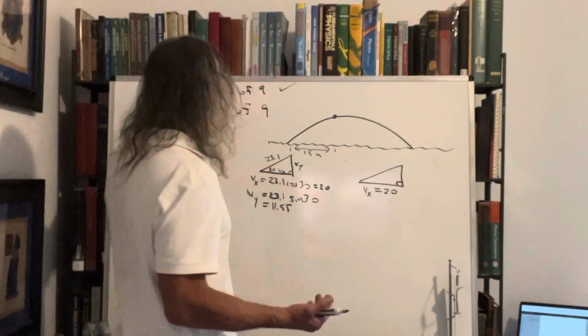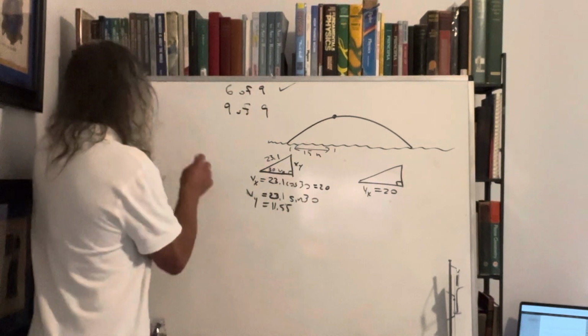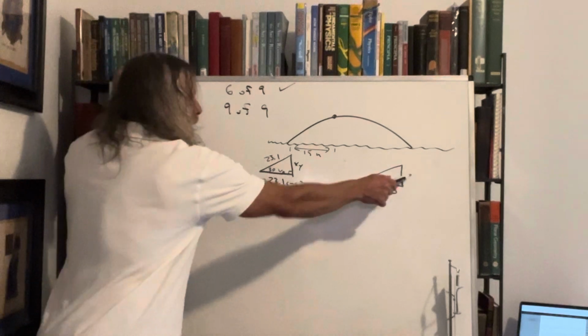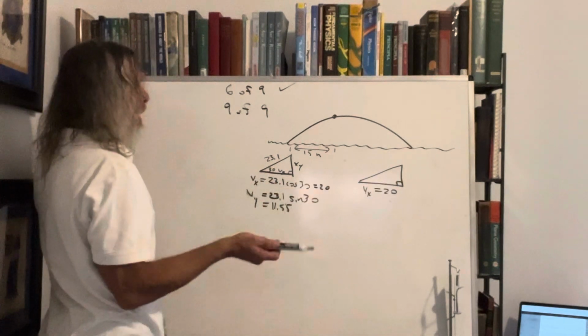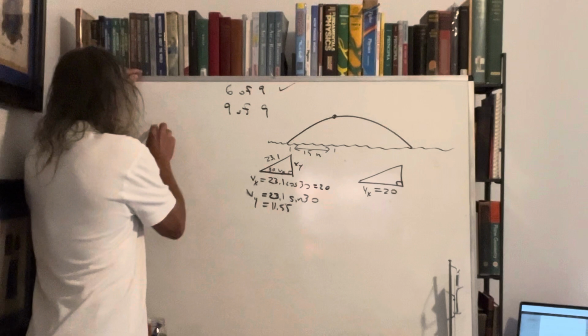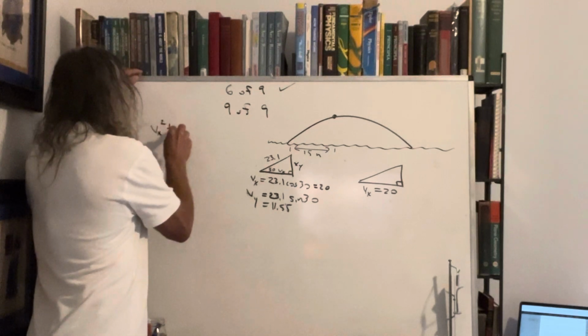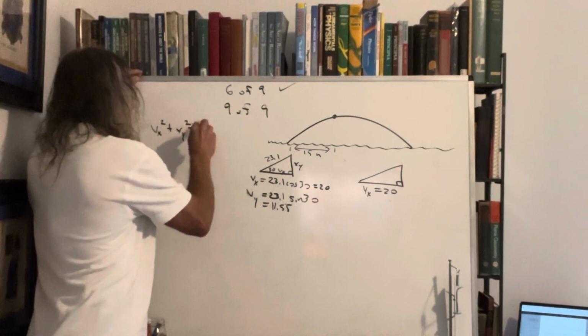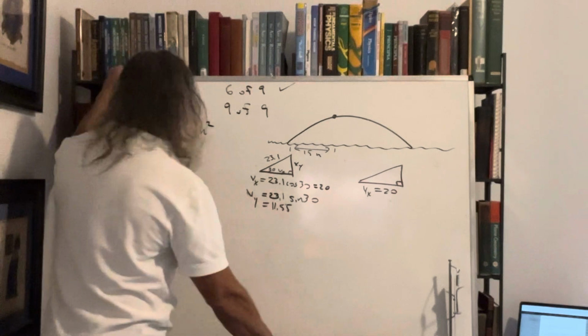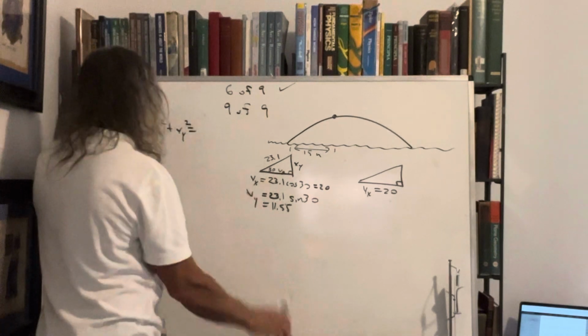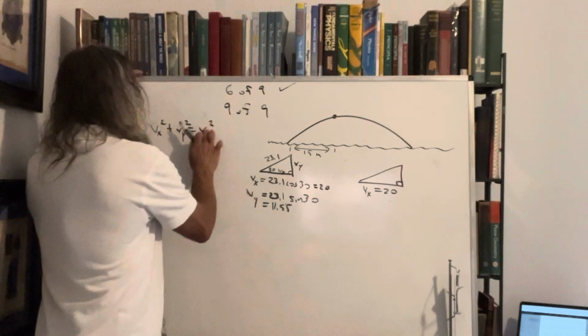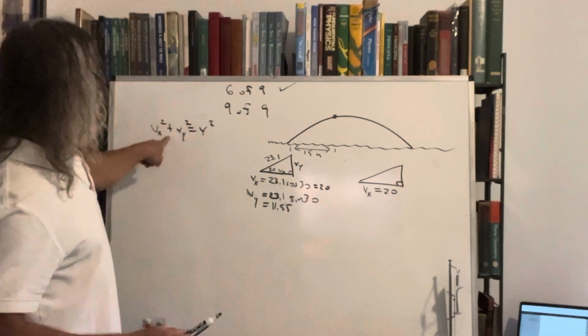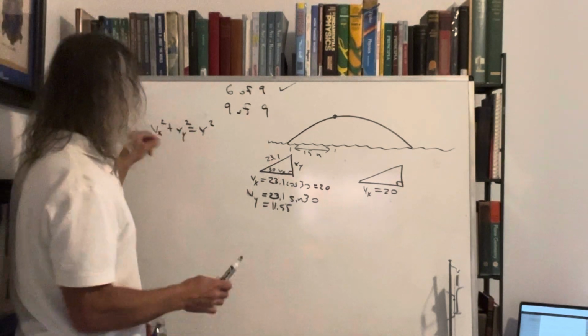But for this kind of stuff, two formulas. Once we have this and this, we use Pythagorean theorem to get that. So V sub x squared plus V sub y squared is V squared.